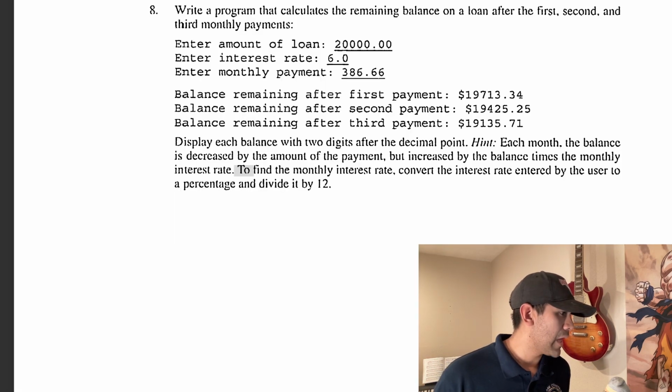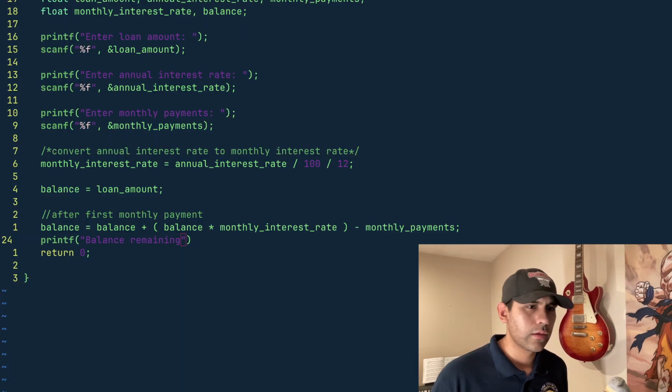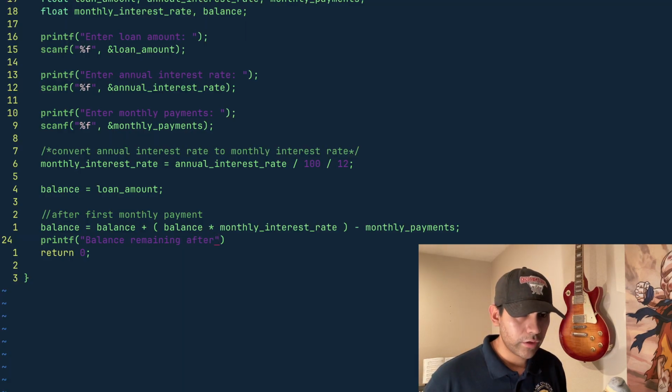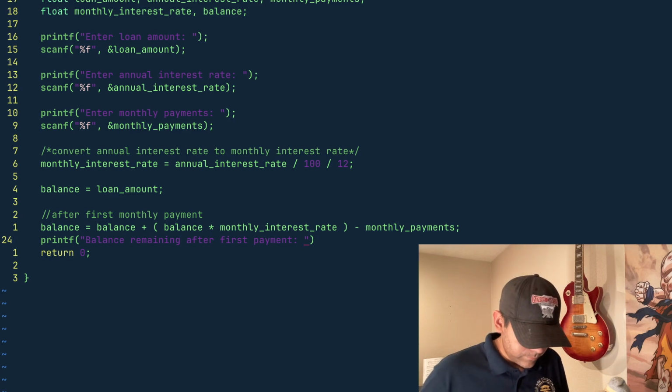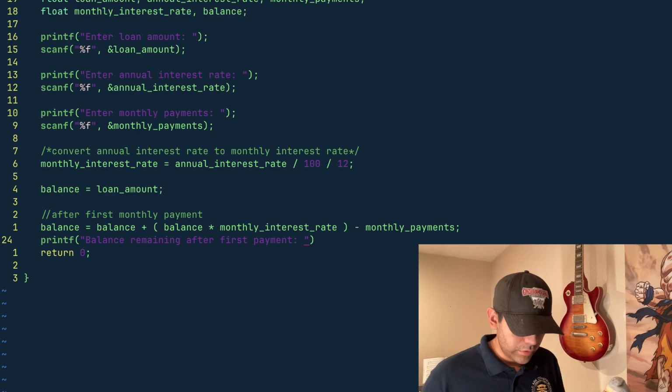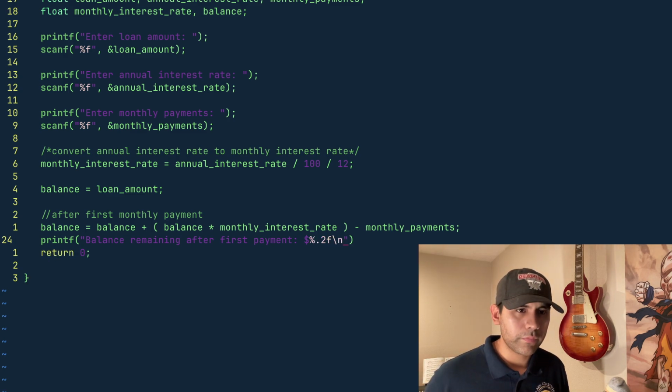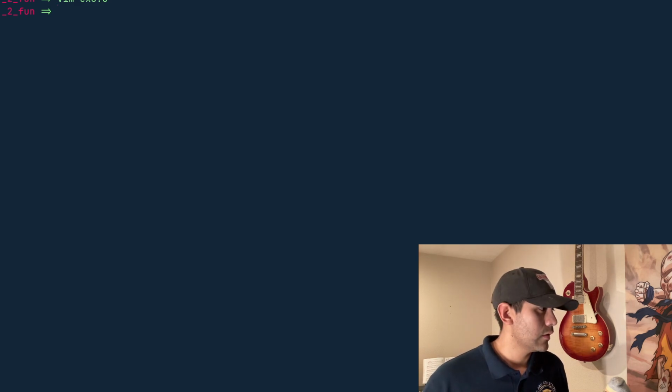It was balance remaining after first payment. And then we need two decimal points. That's what the prompt said. Okay, let's test this out. I just want to know that I did it correct.